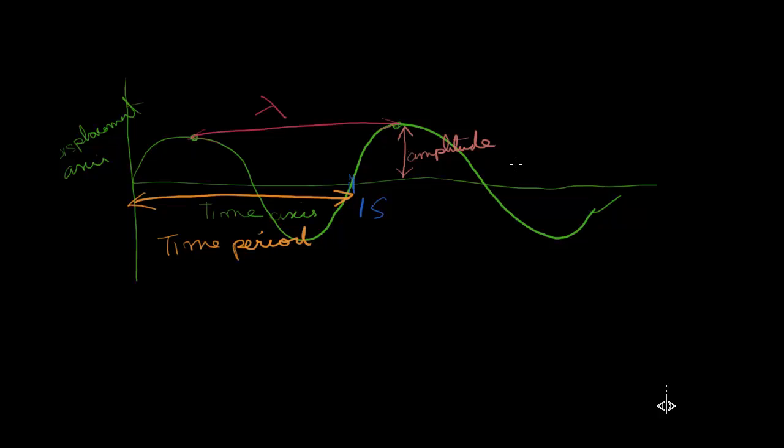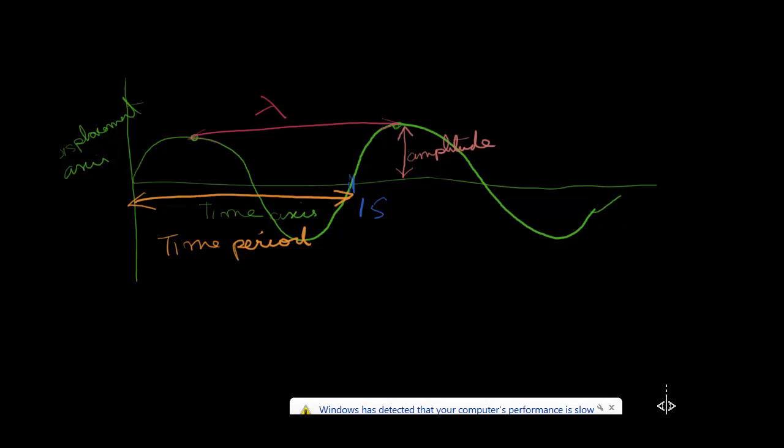So we don't have it in the graph, but if you could measure, or if you could somehow know the distance between these 2 points, that would have been the wavelength. So we covered wavelength, we covered amplitude, we covered time period, and we also covered frequency. Now almost all of them could be found out both for transverse waves and longitudinal waves.